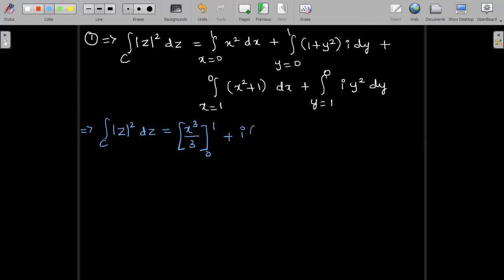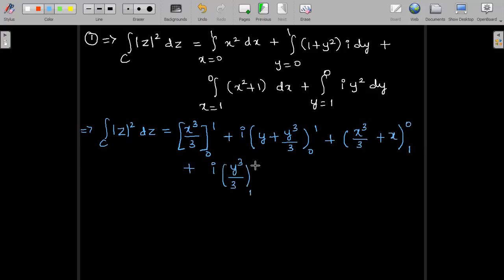So integration of 1 with respect to y is y, plus y³ divided by 3, and the limits are 0 to 1. Plus integration of x² is x³ divided by 3 plus integration of 1 dx is x, between the limits 1 to 0, and the last one is i constant again, y³ divided by 3 between the limits 1 to 0.